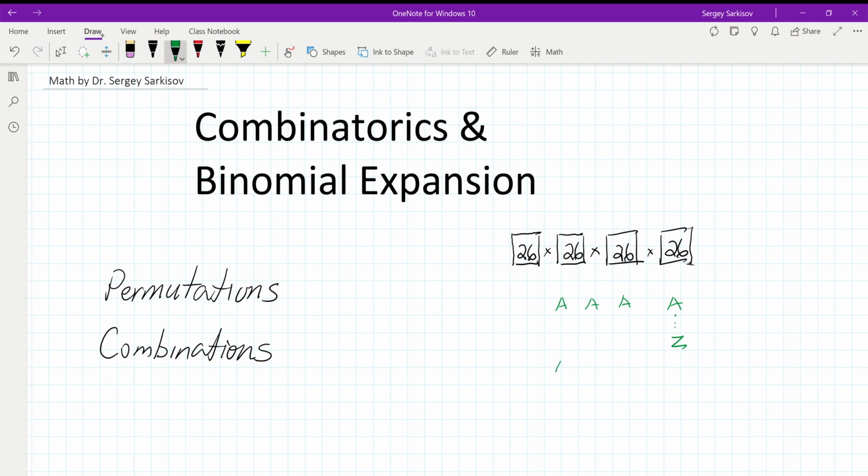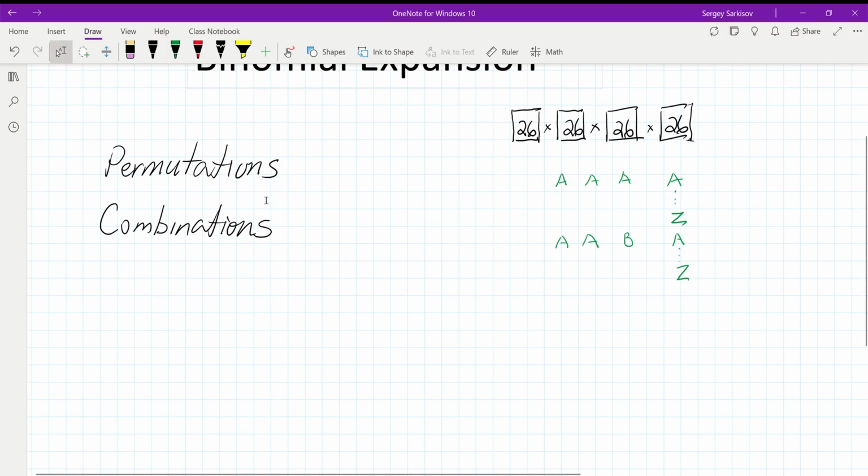Now let's go to A, and then change the third letter from A to a B, and we again have 26 for that possibility: A, B, A, then A, B, B, and so on to Z. That's already 26 plus 26. And if I keep the first letter A and change the second letter, going to Z, I'm doing 26 times this 26. So already that's 26 times 26, okay?